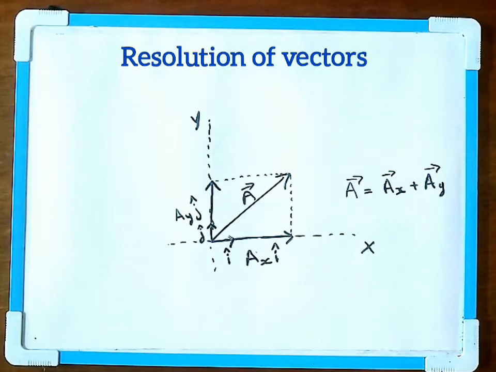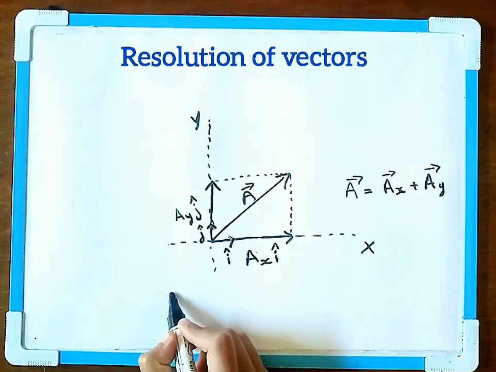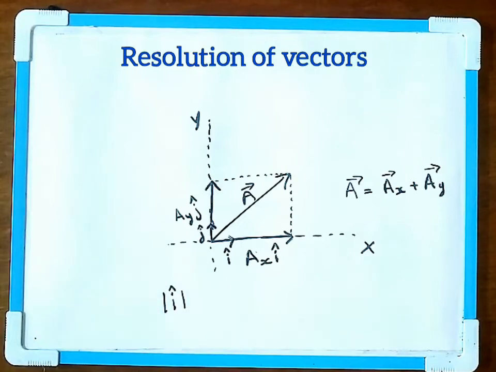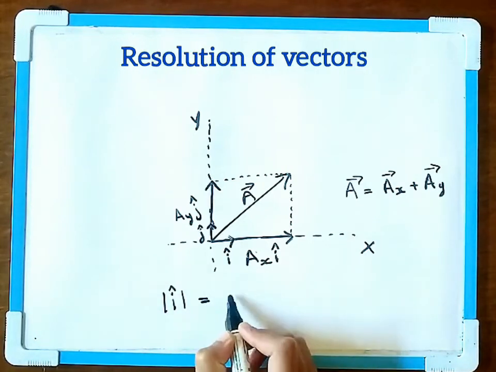And the definition of a unit vector, you can define a unit vector as a vector which has a magnitude of 1 unit only, and that it points only in a particular direction. So it only gives you the direction. So if you take the magnitude, that is, you just take the modulus of this I cap, then this will be equal to 1.